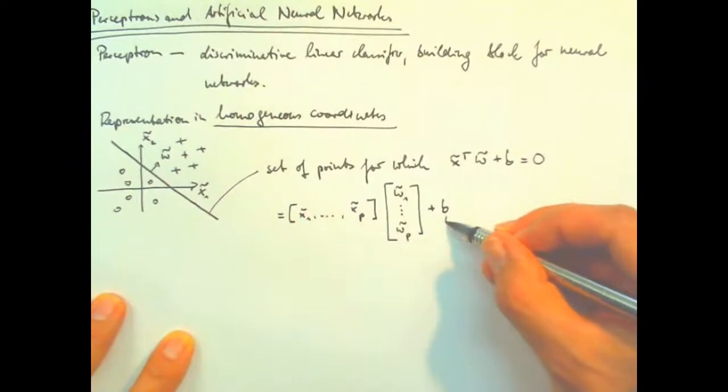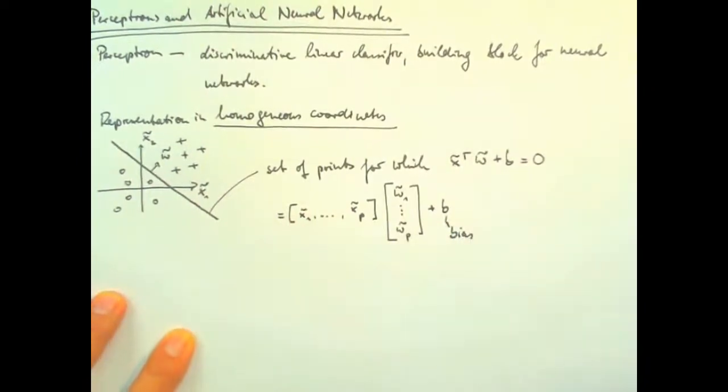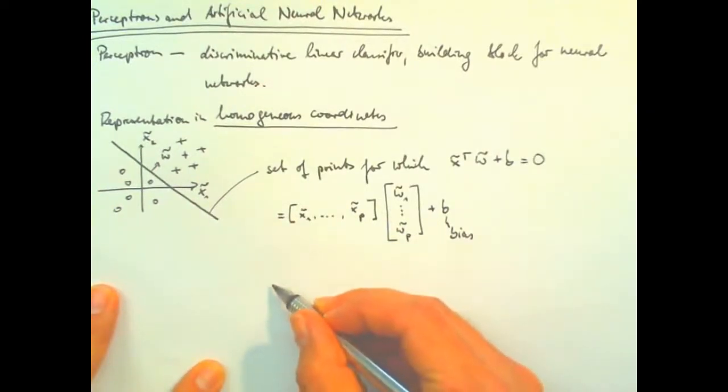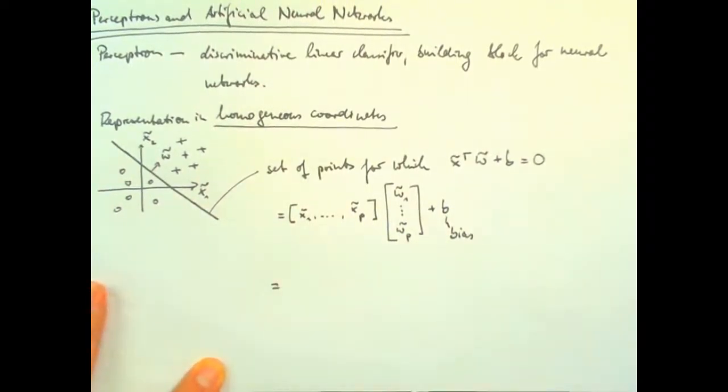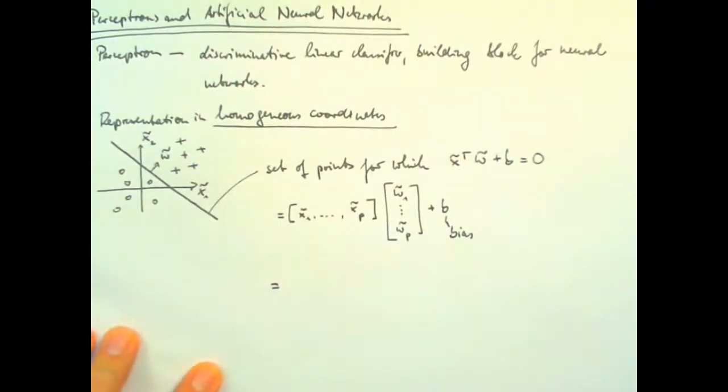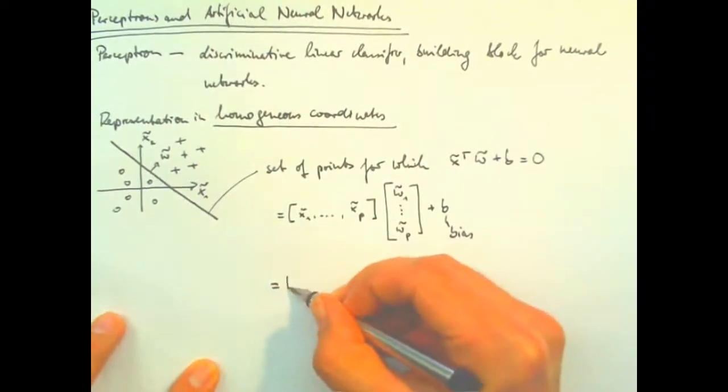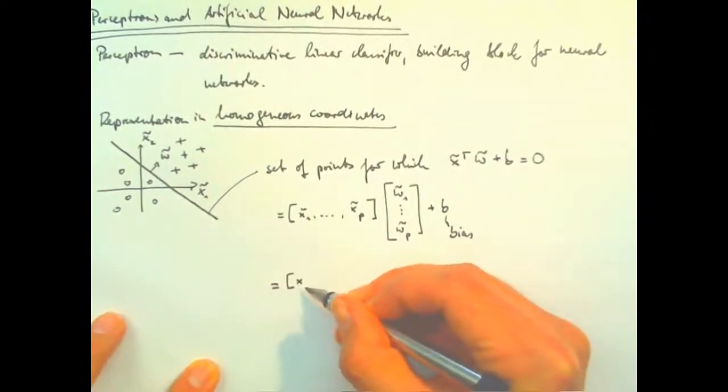This offset, in this particular field, people call it the bias, hence the b. And this bias can now be absorbed in an extra dimension of the parameter vector if I extend my coordinate representation by a constant 1.